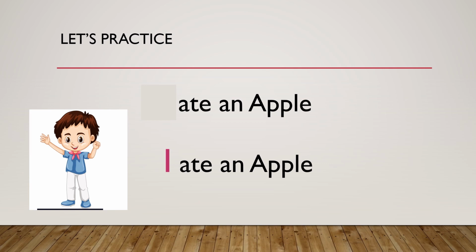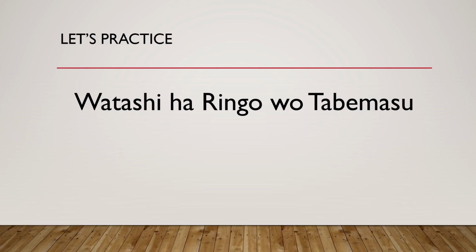Whereas in Japanese, we can try first in Hindi, मैंने apple खाया या मैं apple खाती हूँ. So the word for मैं is Watashi wa, the word for apple is ringo, and खाती हूँ is tabemasu.